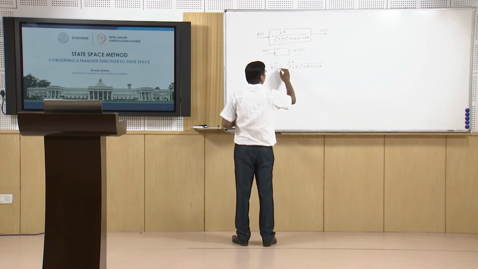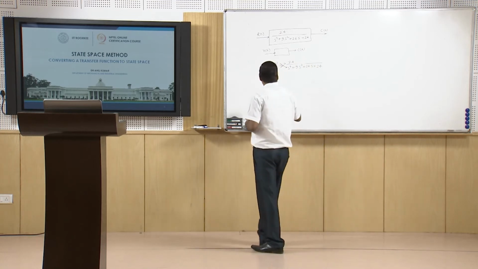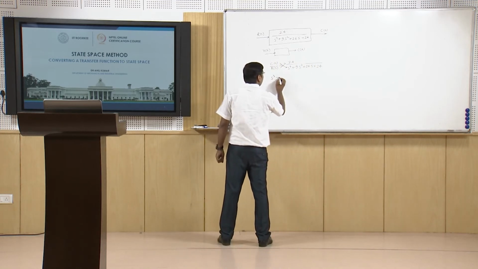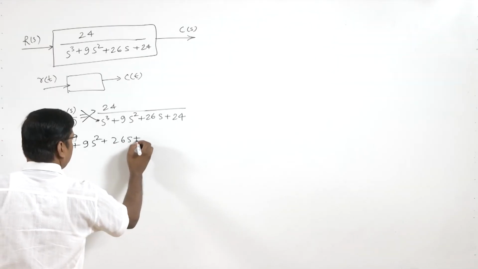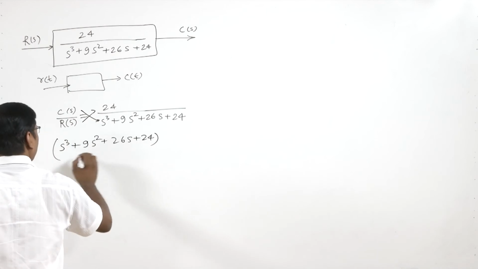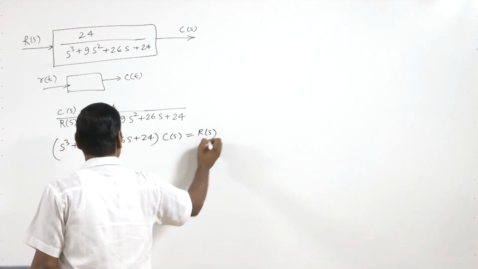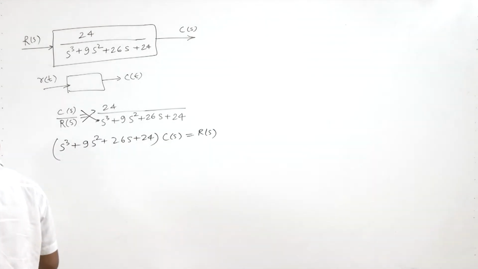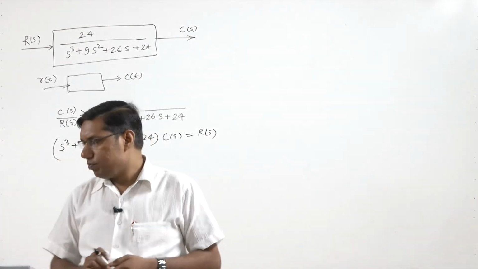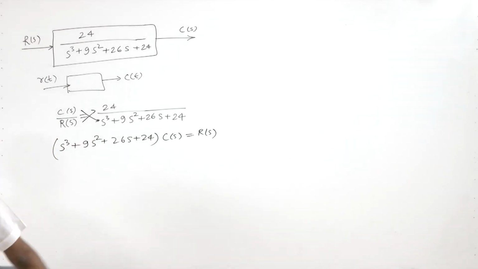So we cross multiply this: s cube plus 9 s square plus 26s plus 24, here C(s) equal to R(s). Now we take the inverse Laplace transform of this and put the initial conditions as 0.